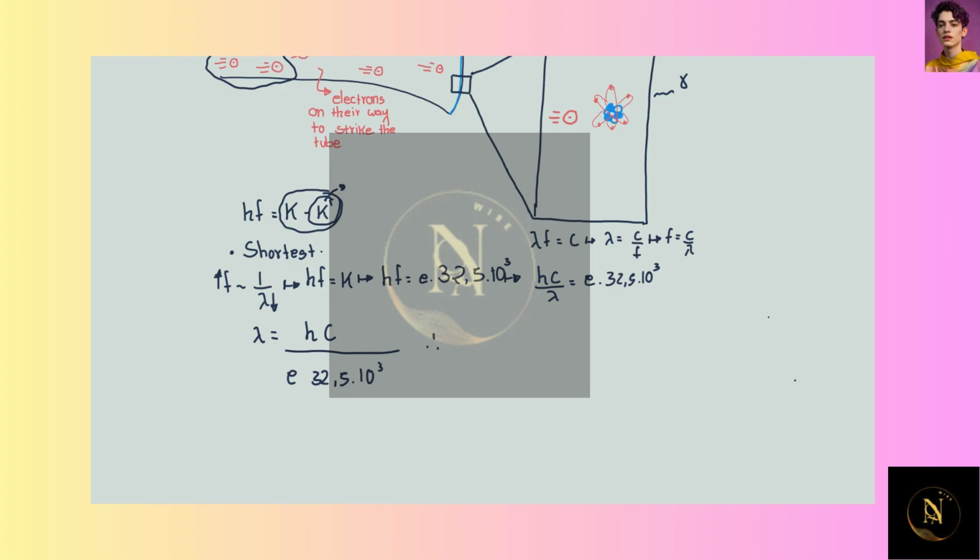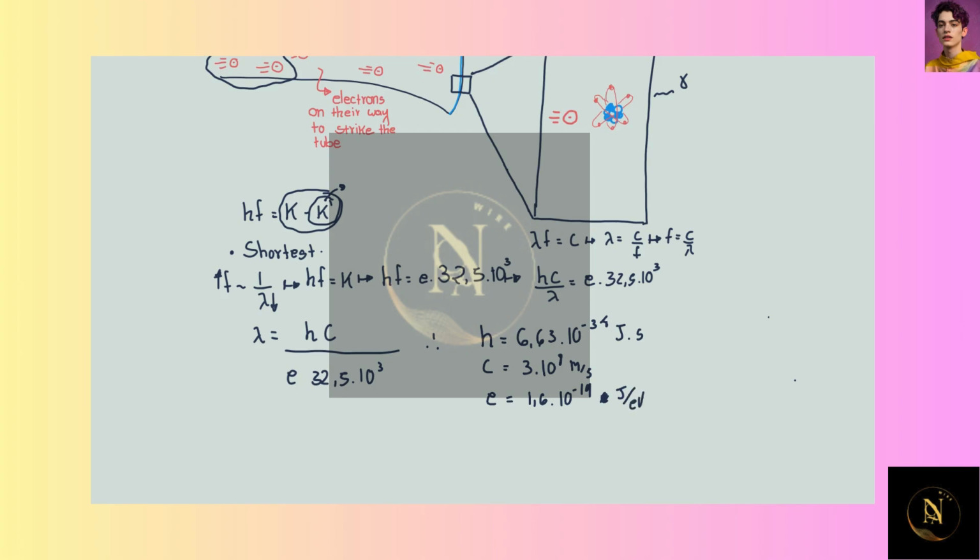Then remember that h is equal to 6.63 times 10 to the minus 34 joule-seconds, and c is equal to 3 times 10 to the 8 meters per second, and finally e is equal to 1.6 times 10 to the minus 19 joules per electron volt.